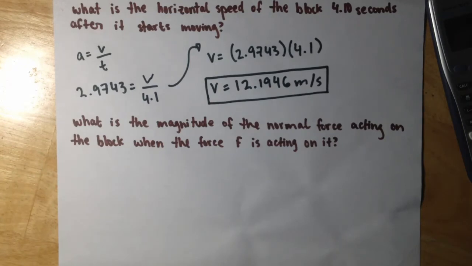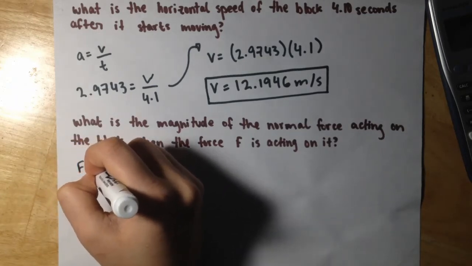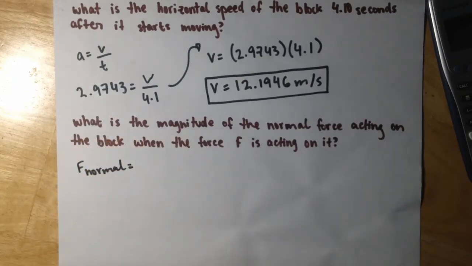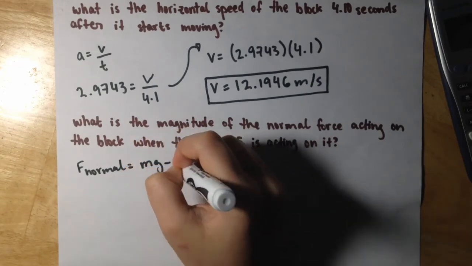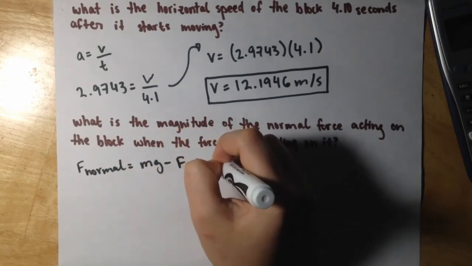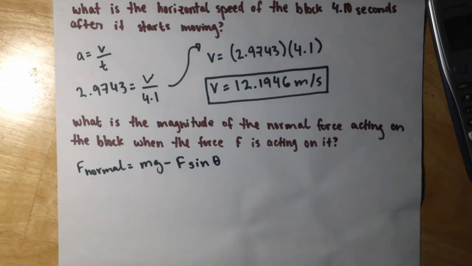Next, we have to figure out the magnitude of the normal force acting on the block when the force F is acting on it. So the formula for the normal force is equal to mg minus F sine theta. mg is the weight of the block, F is the 11.2 newton force that's pulling the block to the right, and theta is the angle above the horizontal at which the force is pulling.